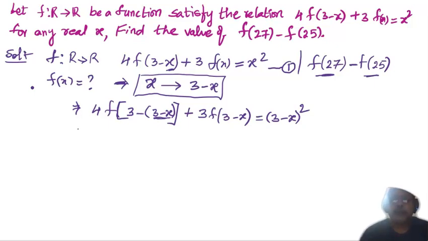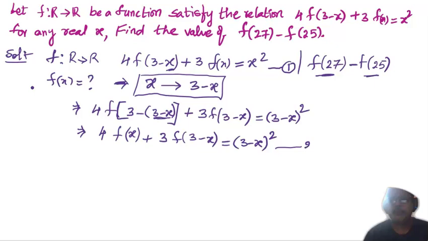So here what we'll get now: 4 into f of x, the 3 gets cancelled out, plus 3 into f of 3 minus x is equal to 3 minus x whole square. Let it be the second equation. Now we have to eliminate this f of 3 minus x from 1 and 2.